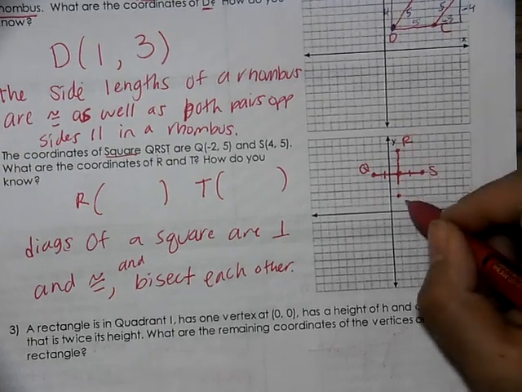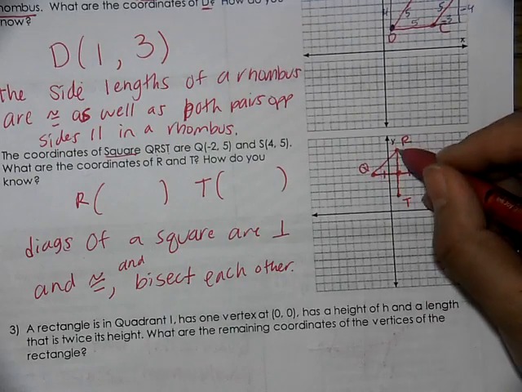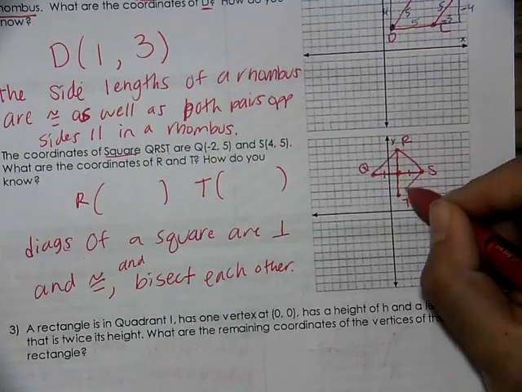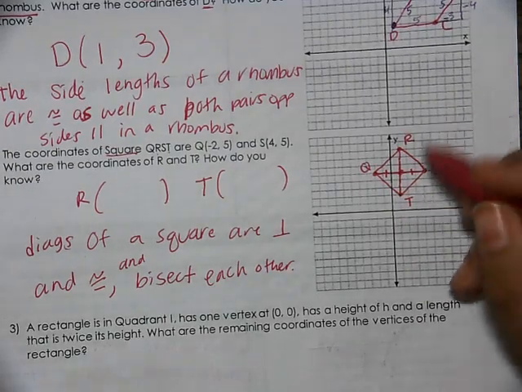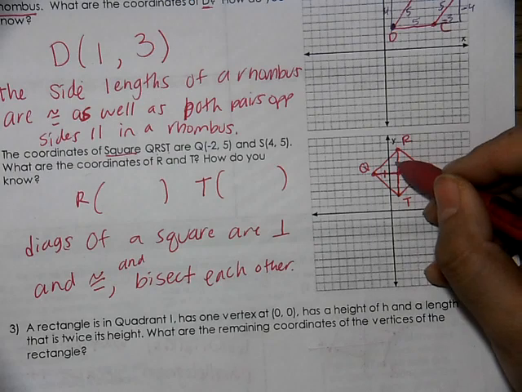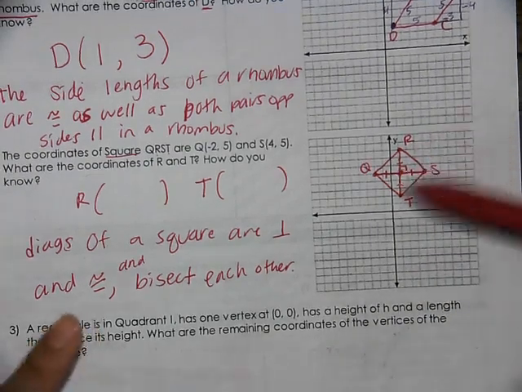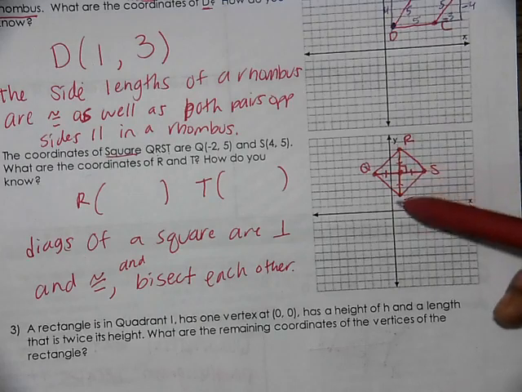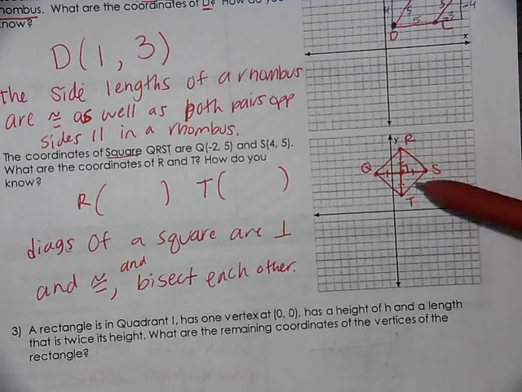And so that would be R, and this would be T. You could draw it out first to see, and then we can write down the coordinates. Double check that it all works, that it's definitely bisected, perpendicular, and congruent. Of course, each of those diagonals is 6, with 3 and 3. So that's how we know it's right.